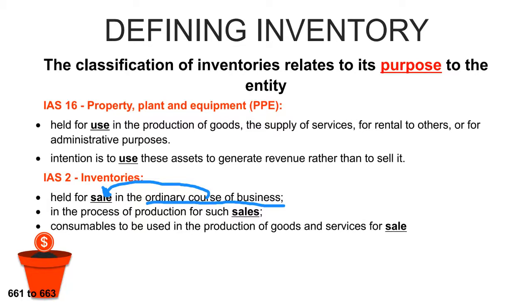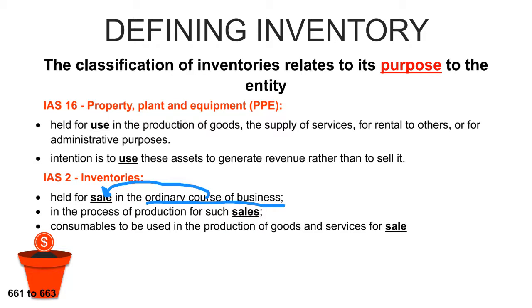Okay, so if we buy something and within our ordinary course of business we buy and sell this asset, it's then considered inventory, right? So this is very different from a company whose ordinary course of business is to make laptops, but they bought a building and they might even end up selling that building within a 12-month period or whatever, right? But that's not their main business.